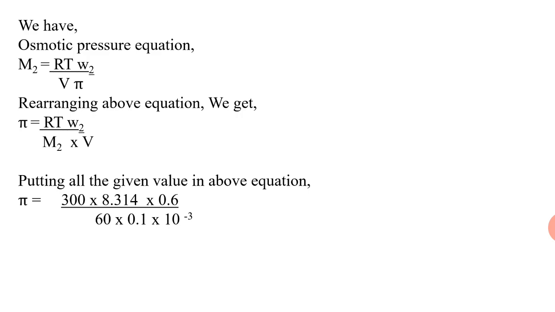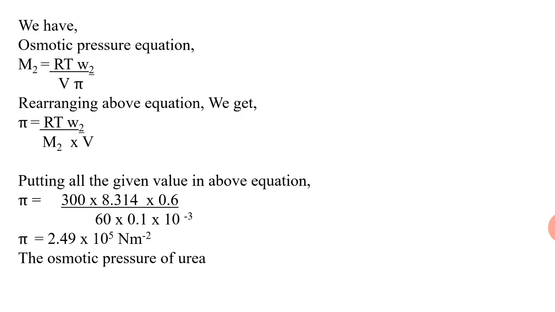Calculating all the values, we get pi is equal to 2.49 into 10 raised to 5 Newton per meter square. Thus, the osmotic pressure of urea is 2.49 into 10 raised to 5 Newton per meter square.